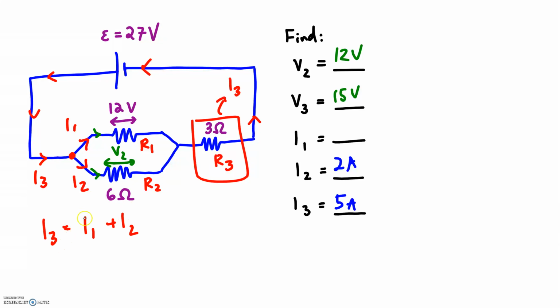But the current going into the junction has to equal the current coming out of the junction because there's nowhere else for charges to go. So I3 then is 5. I1 is our unknown. We plug in I2 of 2 amps. And what do we get? I1 comes to 3.